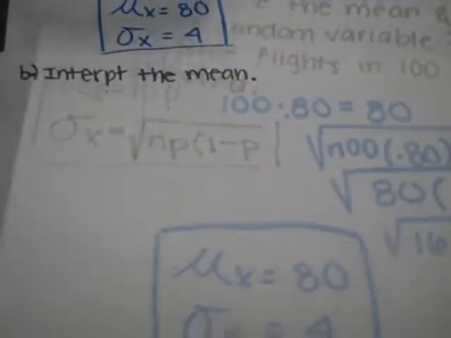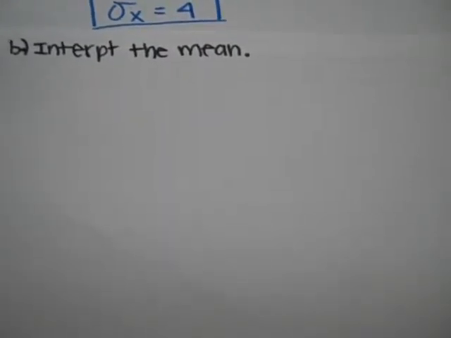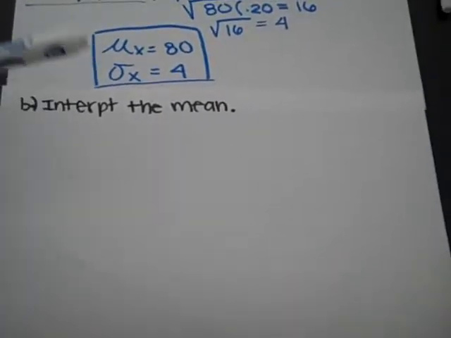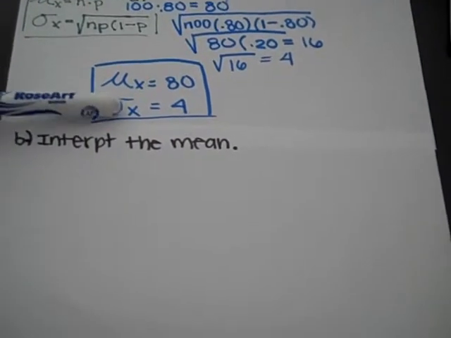Part B asks you to interpret the mean. The mean is basically the average of times. So, as we figured out in part A, this mean equals 80.